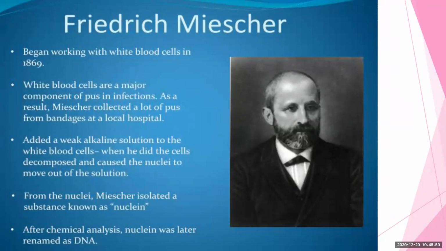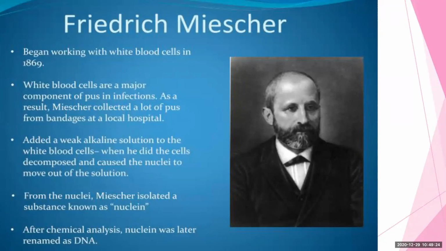So, Miescher collected a lot of pus from bandages at a local hospital. What he did was add a weak alkaline solution to the white blood cells. We use acidic and basic solutions. So he took some kind of alkaline solution, that is a basic solution, from the laboratory, and added it to the white blood cells.